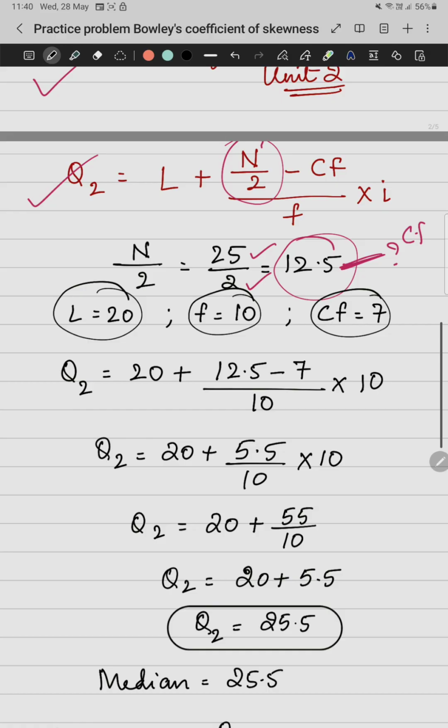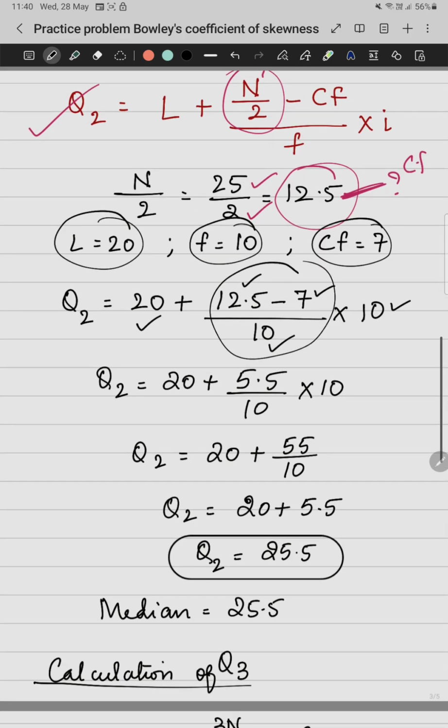So now we'll substitute this in the formula: 20 as L, N by 2 is 12.5, minus cumulative frequency 7, frequency 10, I is 10. Now I will solve this whole thing. 12.5 minus 7 is 5.5. Then 5.5 into 10 is 55.